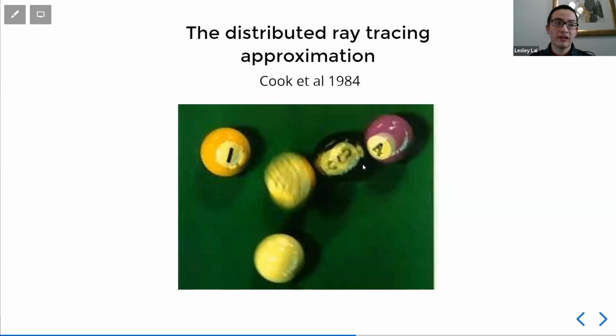So unlike Whitted ray tracing, we can actually do some area lights, and we have some cool effects like soft shadows. But we still haven't used the Monte Carlo method to describe things like each individual pixel yet.